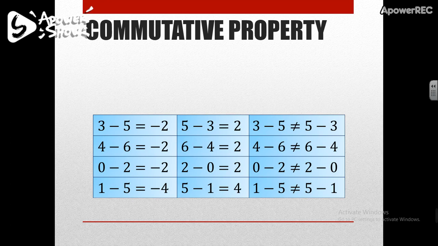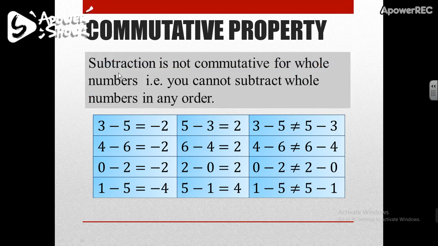If you subtract whole numbers by changing their order, the answer will be different, which means subtraction is not commutative for whole numbers. I am again repeating, subtraction is not commutative for whole numbers. Why? Because we cannot subtract whole numbers in any order, which is obvious from these examples.